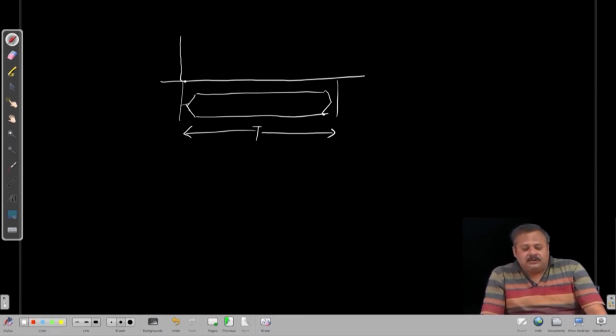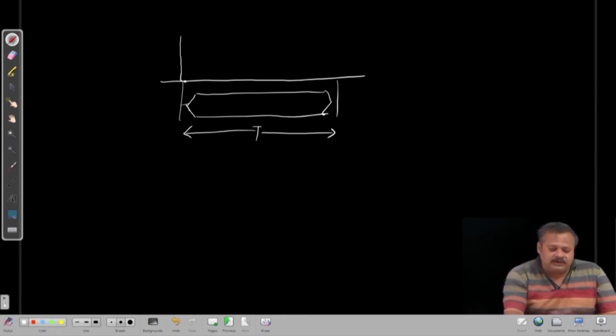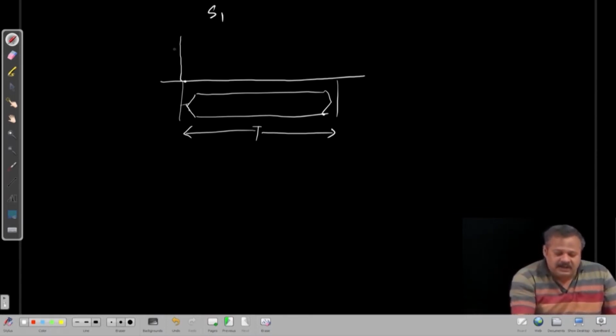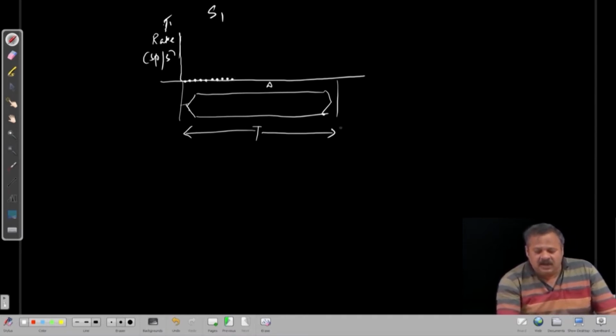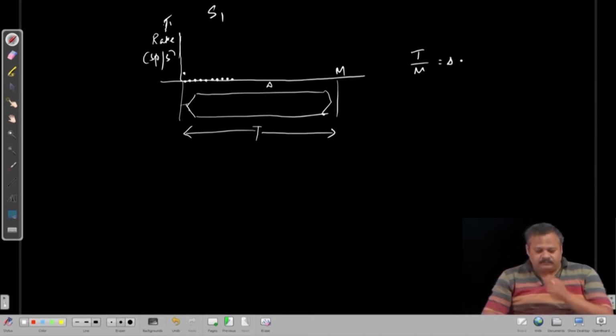So in response to stimulus 1, let us say this axis is rate in spikes per second, and this axis is time. We can bin it such that the bin size is delta, and let us say there are capital M bins starting from bin 1, where T by M equals delta.